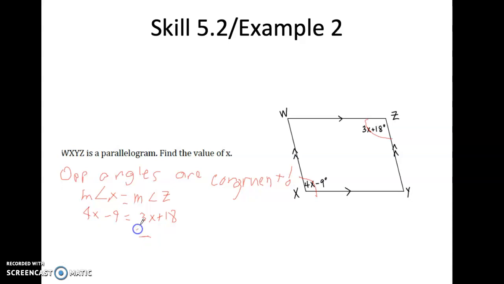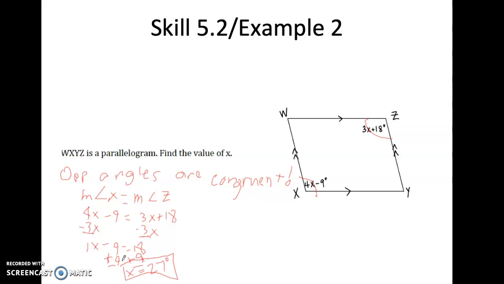Oh, I like to keep a positive x, so I'm going to subtract the 3x. That gets me 1x minus 9 equals 18. Add 9 on both sides. And we get that x is equal to 27 degrees. Make sure you're putting that unit on there.